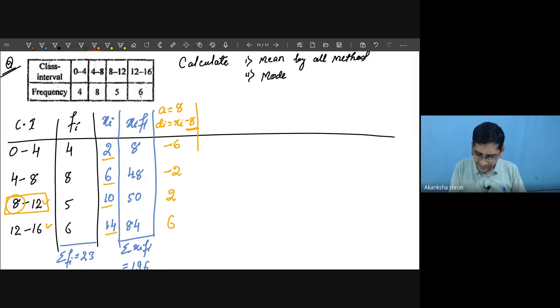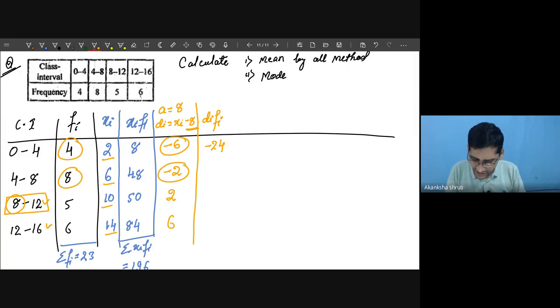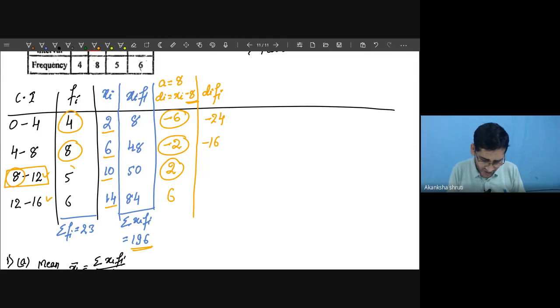After this, in parallel, we need to calculate di fi. Go for multiplying. Our di is minus 6 and fi is 4, so minus 24. The next one is minus 2 times 8, minus 16. Next one is 2 and 5, 10.